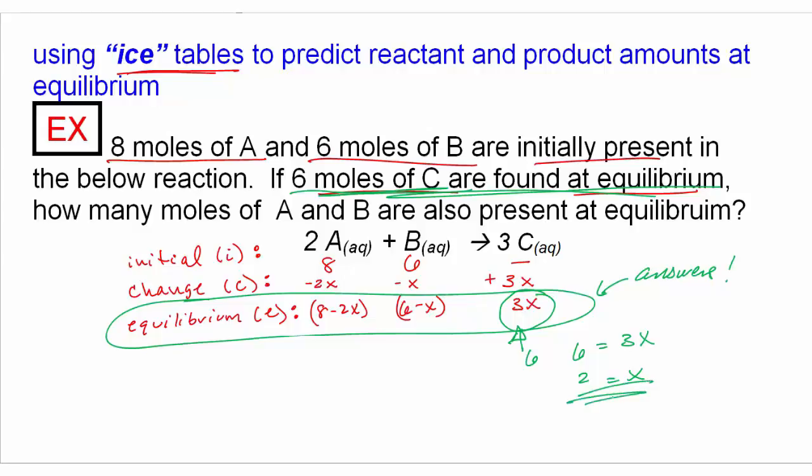So if x equals 2, that means that I have to have 4. 6 minus 2 is 4. 4 moles of B. 2 times 2 is 4. 8 minus 4 is, again, 4. So my answers would be 4 moles of A, 4 moles of B, and 6 moles of C at equilibrium.